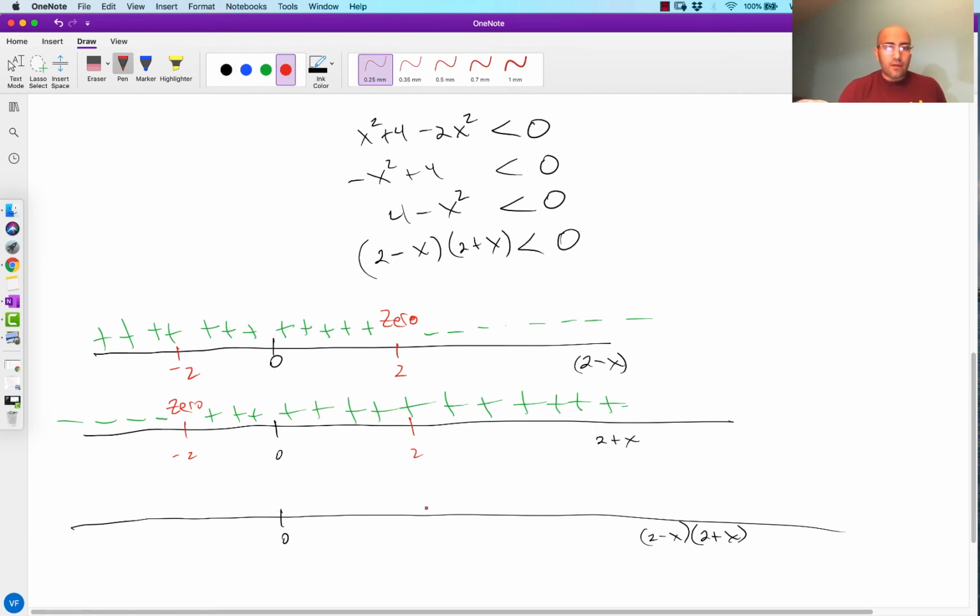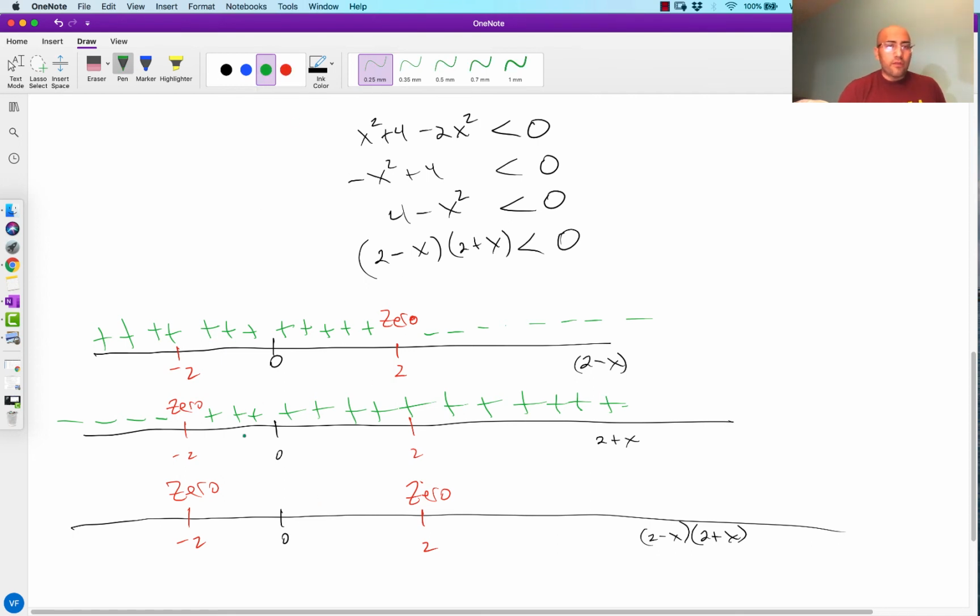What happens when we plug in a 2? If we plug in a 2 into here, it's going to be a 0, and 0 times 4 would still be 0. And if we plug in a negative 2, here becomes a positive 4, but this becomes 0, so the whole thing becomes 0 anyway.